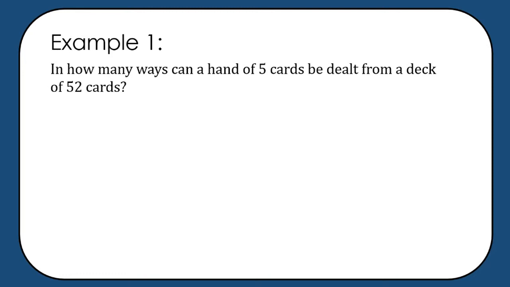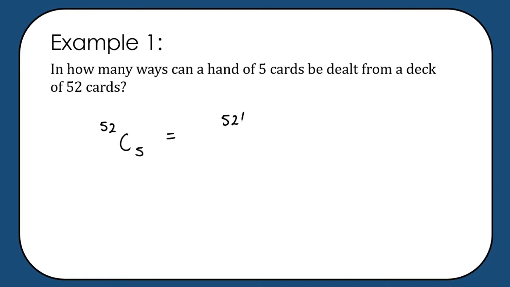In this case, if I'm just interested in getting a hand of 5 cards so that I can play some sort of game, then the order that those cards are dealt doesn't matter. I'm going to pick up my hand of 5 and there'll be the same 5 cards regardless of what order they were dealt in. So order's not important here, which means that it's a selection, and I'm choosing 5 cards from 52 cards. So we're going to have 52 choose 5.